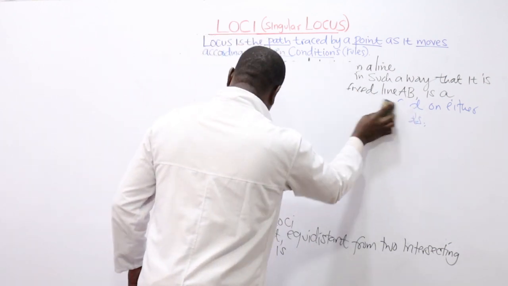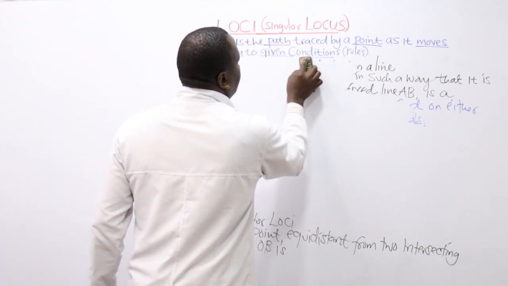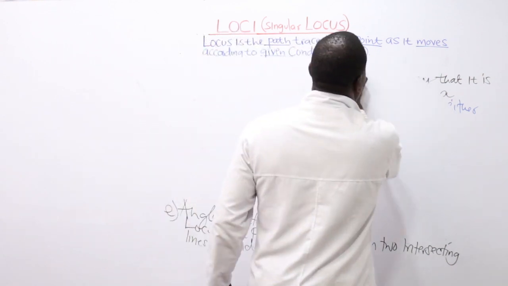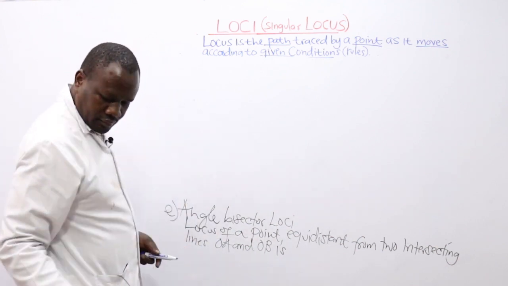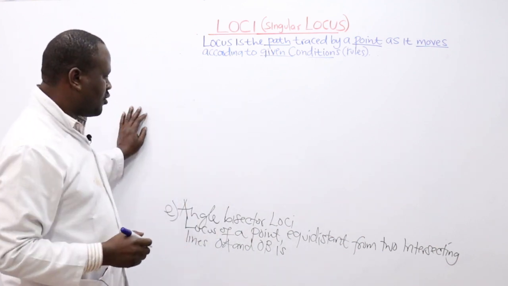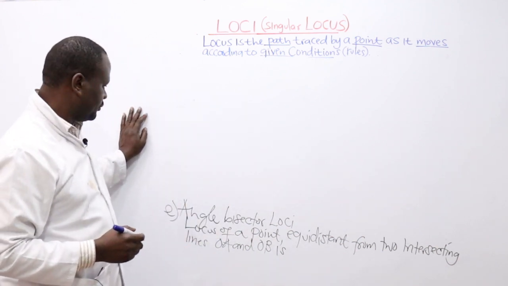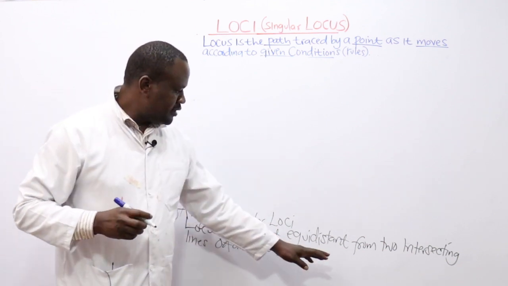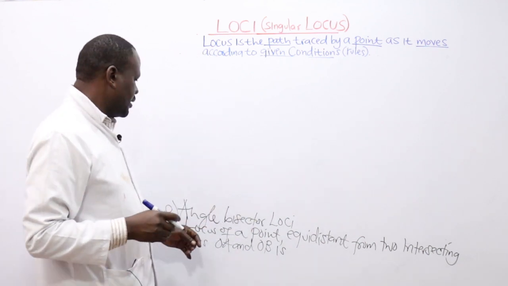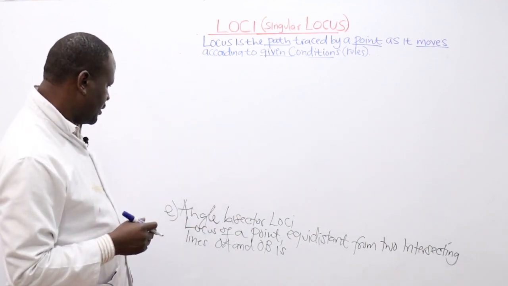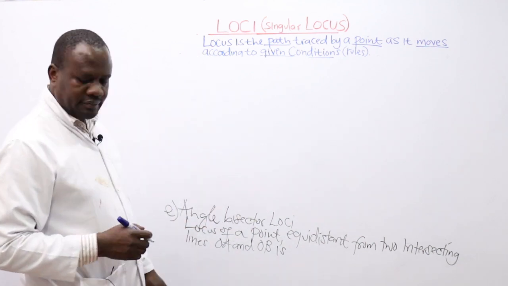So let's look at part E. Angle bisector loci. What is the locus of a point equidistant from two intersecting lines?